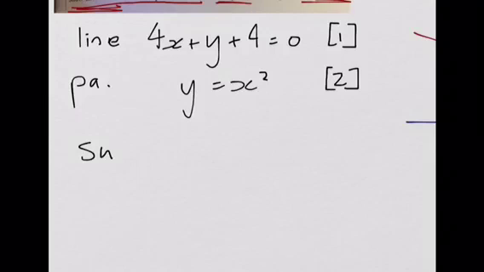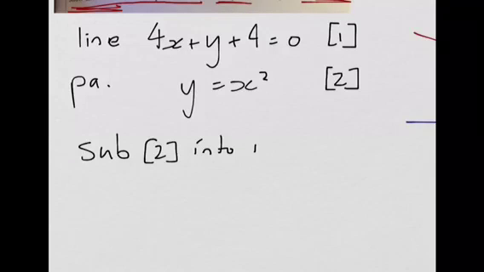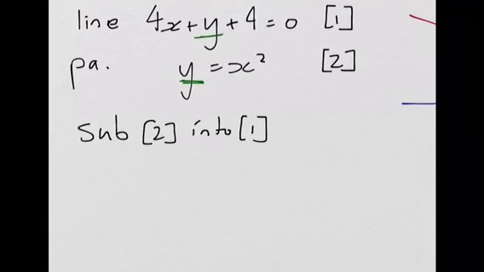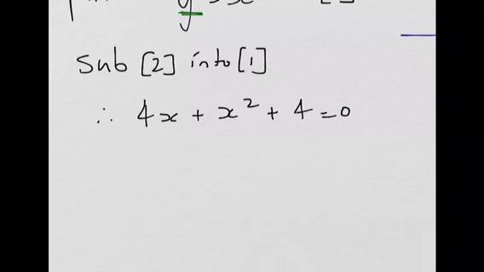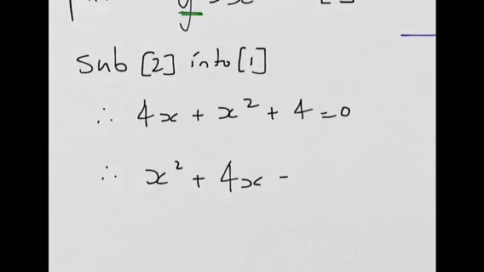We can sub 2 into 1, because equation 2 tells us that y is equal to x squared, and equation 1 has a y in it. Therefore, we have 4x plus x squared plus 4 equals 0. Let's rewrite that with our x squared at the front: x squared plus 4x plus 4 equals 0.